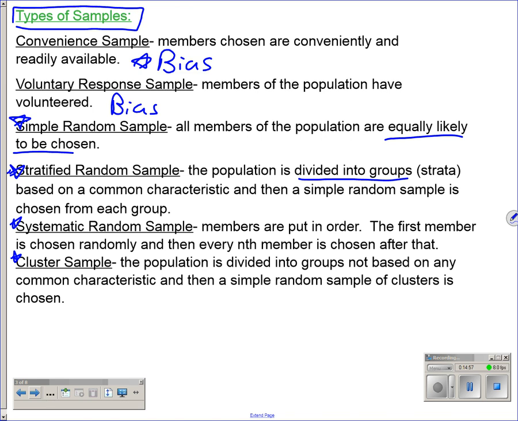Like you got the freshmen, sophomores, the juniors, and the seniors. And I take an equal simple random sample from each. See how that is a stratified random sample? They all have a common characteristic. It's your age or your grade. That's what you would use if you want to have an equal representation of each type of characteristic. In this case, age. Sometimes you can break it up into boys and girls and have equal representation of that.